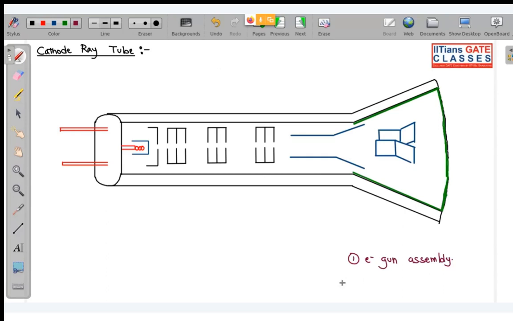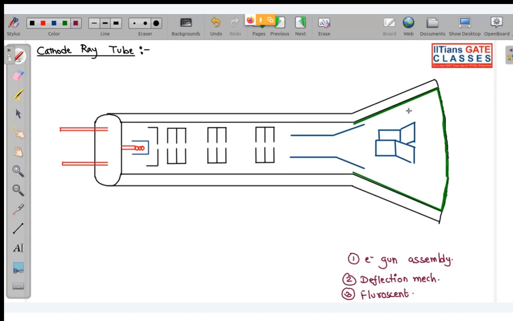First let me write all the things. First is the electron gun assembly, then the deflection mechanism, then the fluorescent screen. Even this CRT I haven't drawn completely.